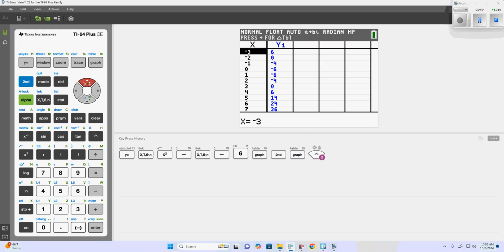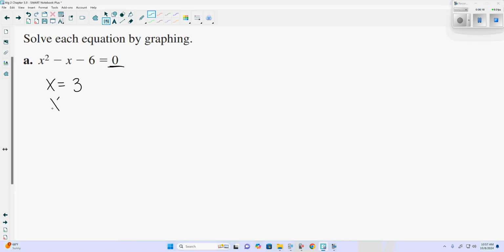There you go. So again, we're looking for what values of x will make the y value be 0. One of them is 3, and the other is -2. Our two solutions for this are x equals 3, x equals -2.